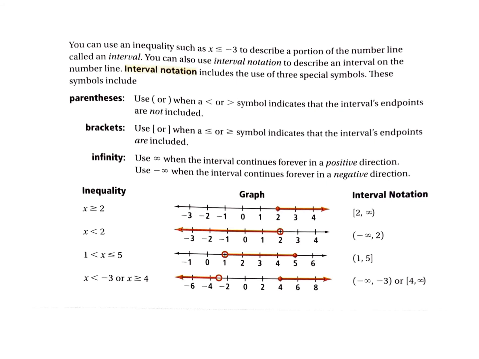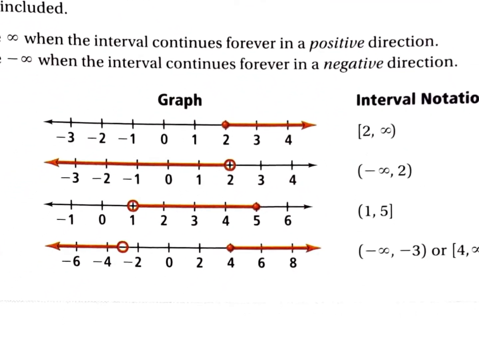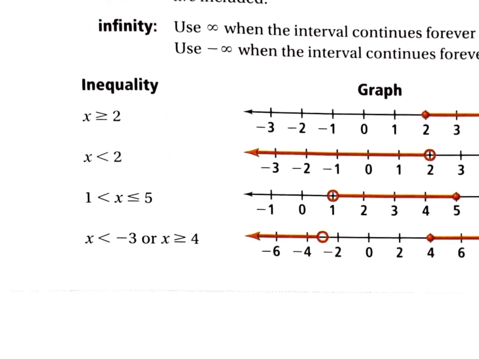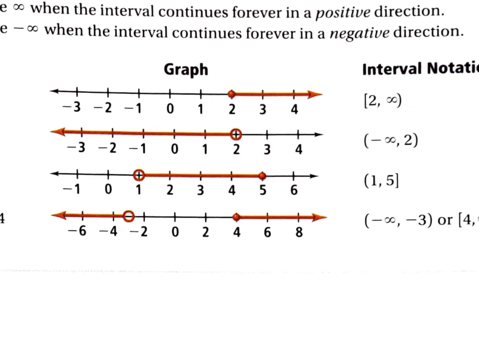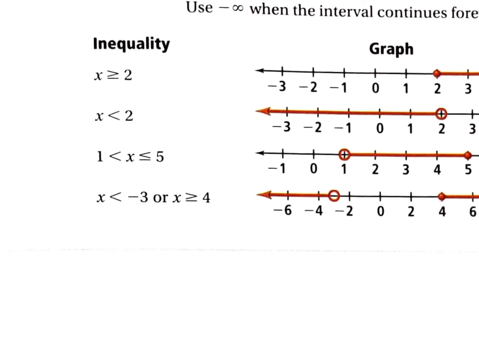So if you look at these inequalities, the first one, x is greater than or equal to 2. We've already done that. That'd be a bracket, 2, comma, infinity, parentheses. The second one, x is less than 2, is not the same answer, but it's already something we've done. These last two are a little different that we haven't done, the compound inequalities.